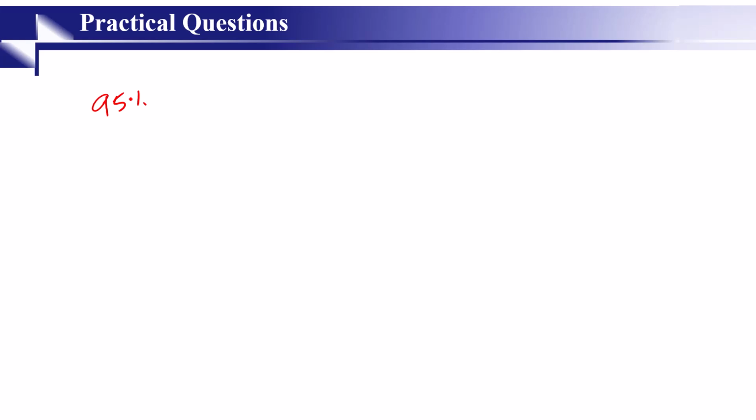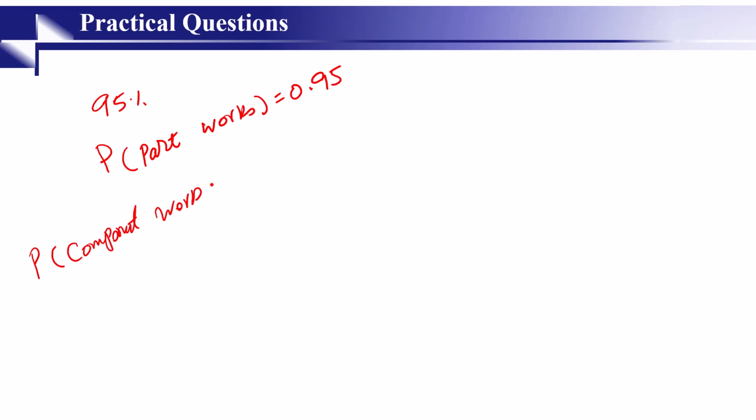It means the probability that a part works is equal to 95%. The probability that a component works is equal to 95% multiply 95% multiply 95%, right?